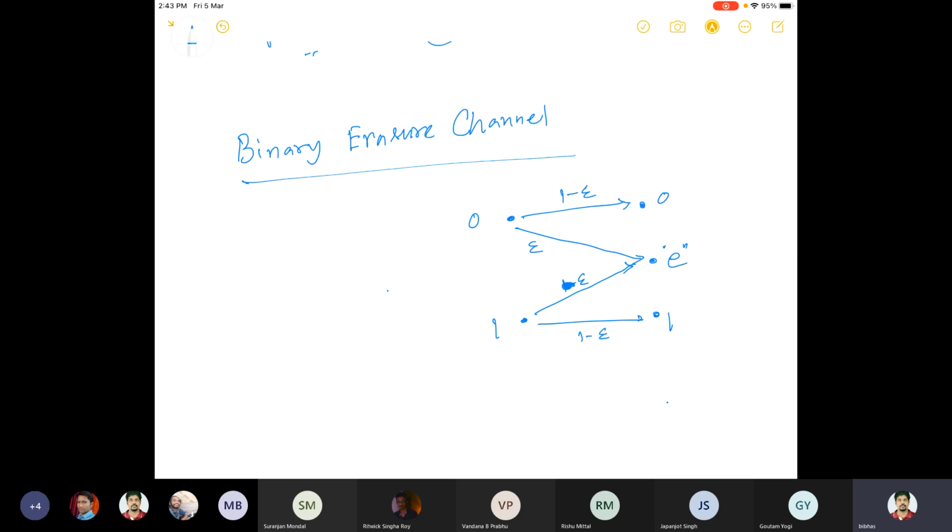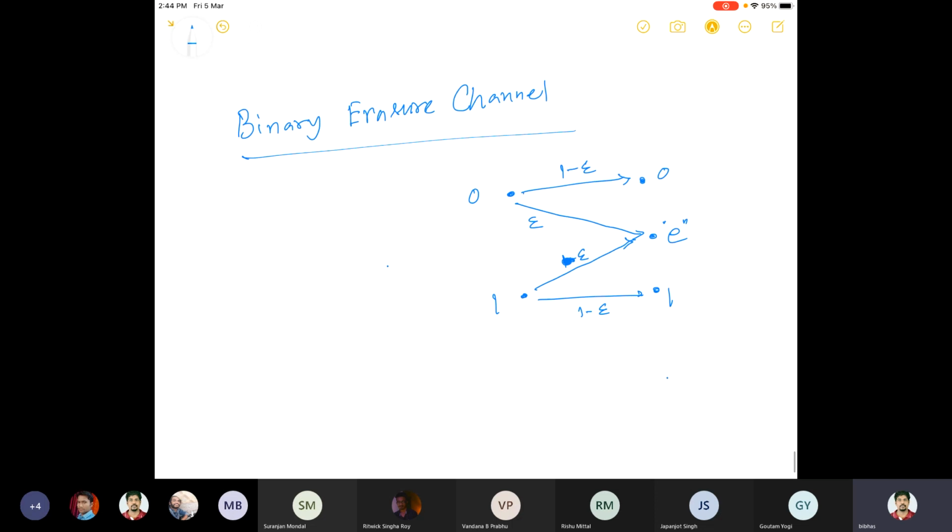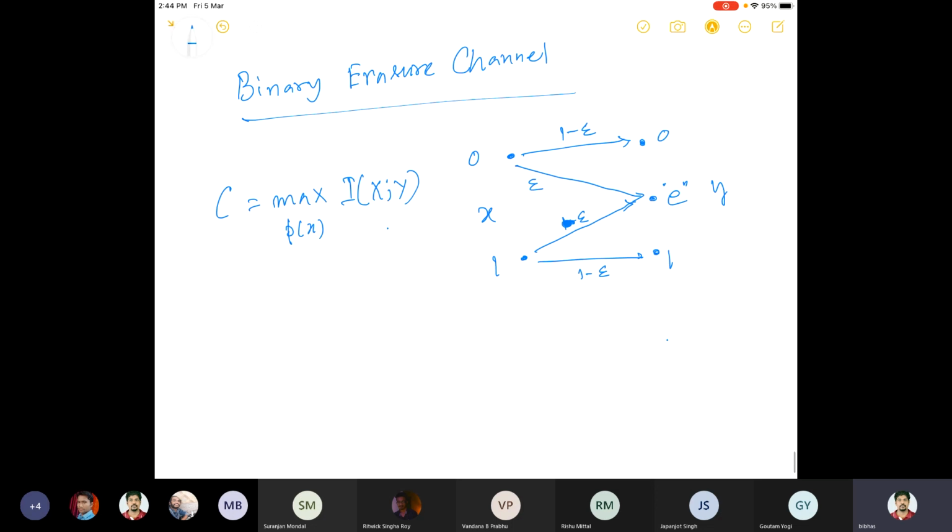Now see, if I want to compute its channel capacity, what is that? So it is C, which is equal to the max over PX of I(X;Y). So this will be equal to max over PX of H(Y) minus H(Y given X).